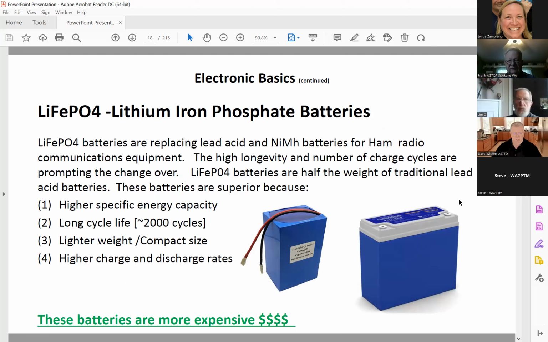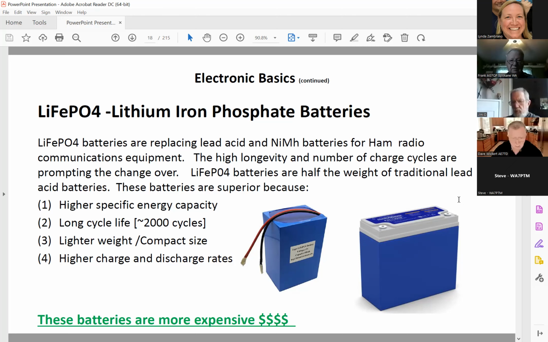You can discharge them more, so you actually get two batteries for the price of one compared to lead acid batteries. Lead acid batteries can go down to about 50% capacity before they are no longer usable on radios. Lithium iron phosphate batteries can go down nearly to 100%, but they're more expensive.